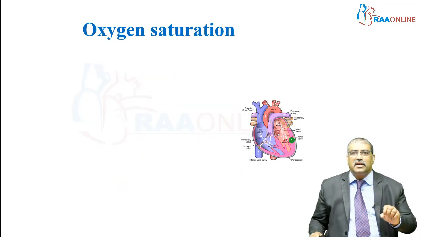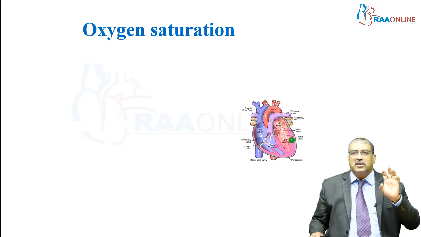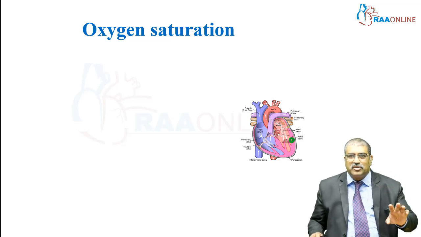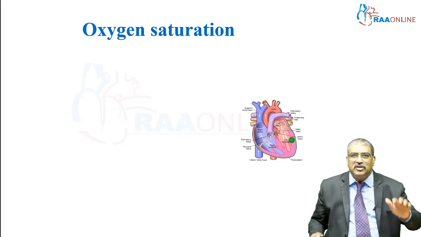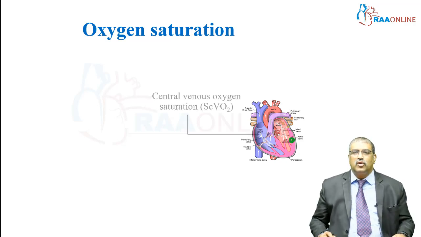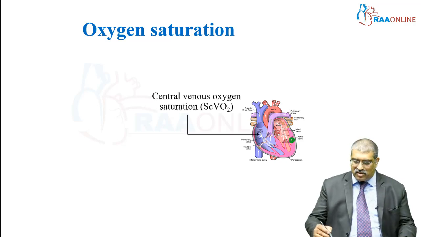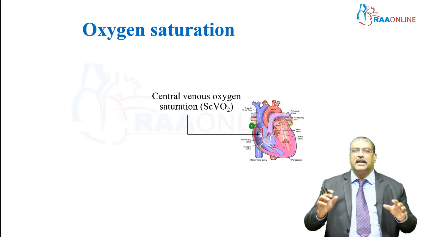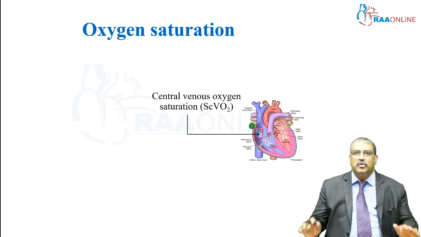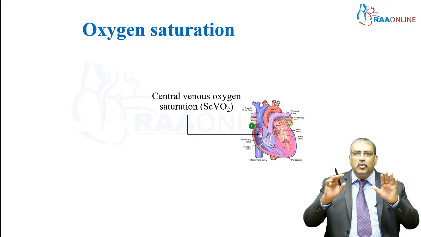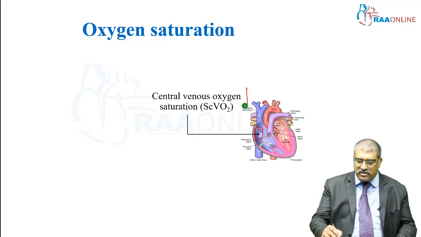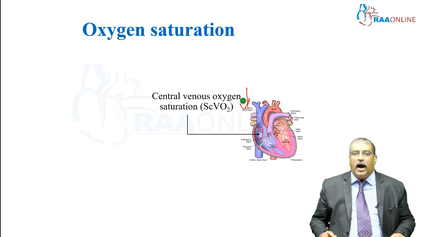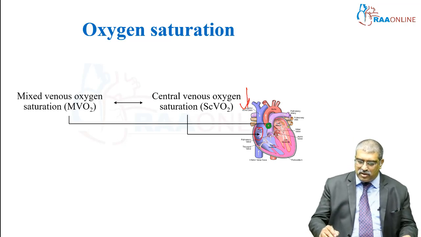Another important thing is, as I said earlier, when oxygen demand is going to be high, the saturation is going to be low. So, you look at the central venous oxygen saturation, with the sample taken at the right atrium. Usually, this oxygen saturation is what we measure, and usually in shock state, this oxygen saturation is low, and mixed venous oxygen saturation is more specific.